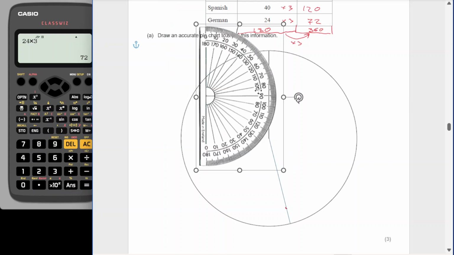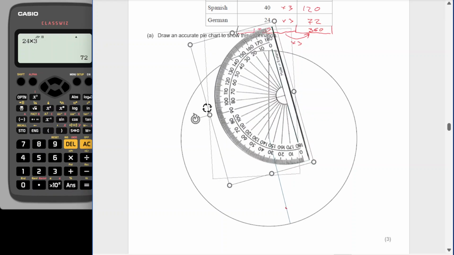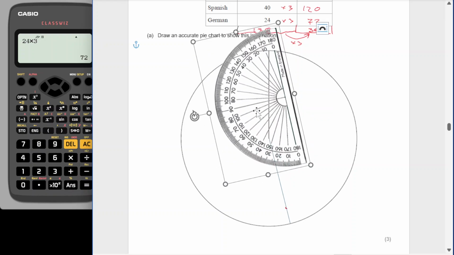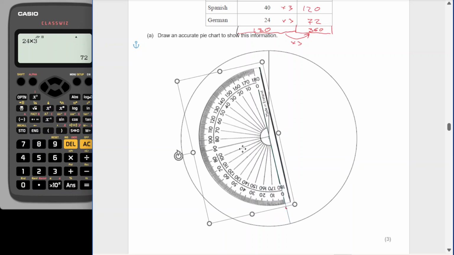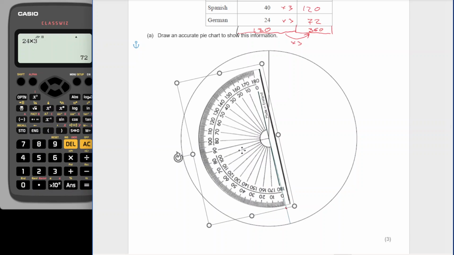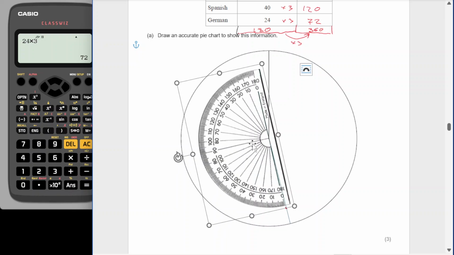Then I spin my protractor around again so that my zero line matches. I'm going to label my pie chart in a moment. Struggling to place it exactly. Still not there. There we go. And this time I'm measuring 120 from the outside. 120 would take me through to there.